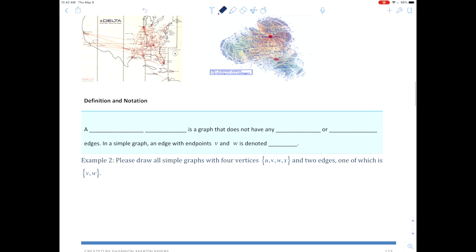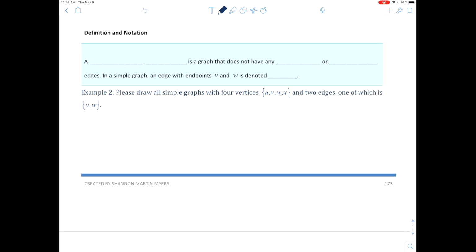Okay, so some more definition and notation. A simple graph is a graph that does not have any loops or parallel edges.